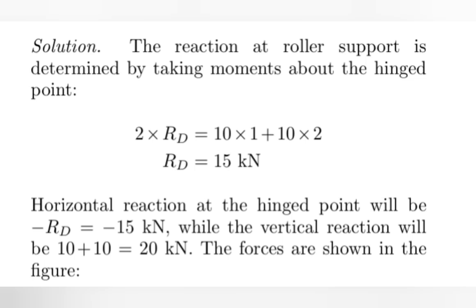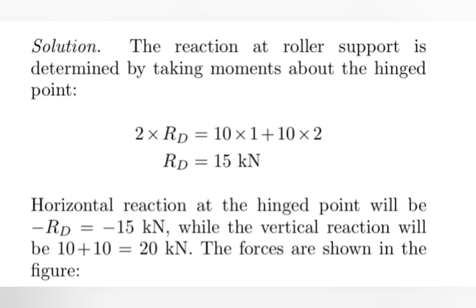First there's a reaction force RD, which is at a 2 meter distance from point A. With respect to point A, the reaction will be in the anti-clockwise direction. So I will take it on one side of the equation, written as 2 into RD.